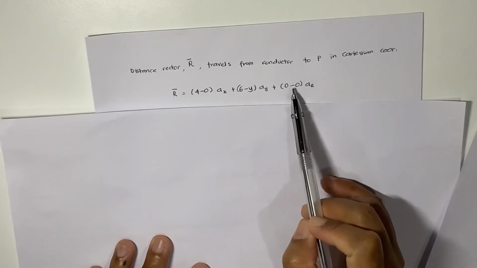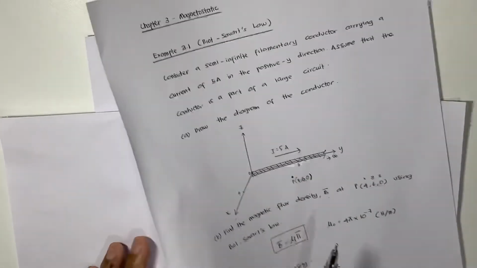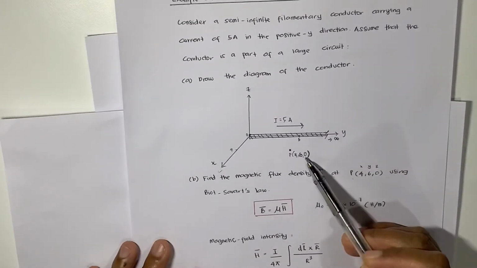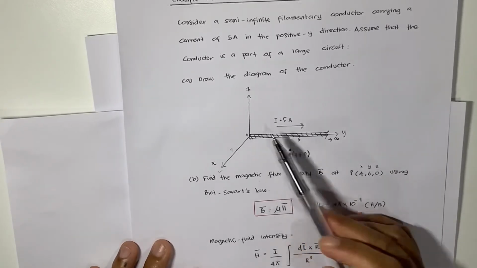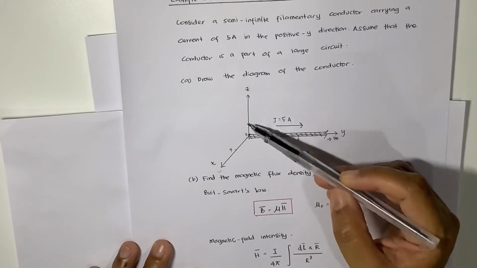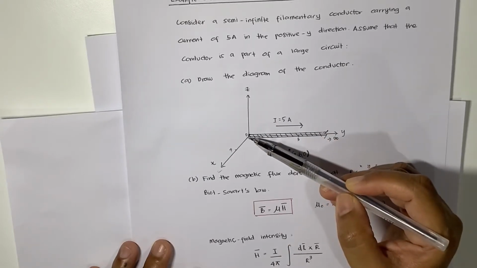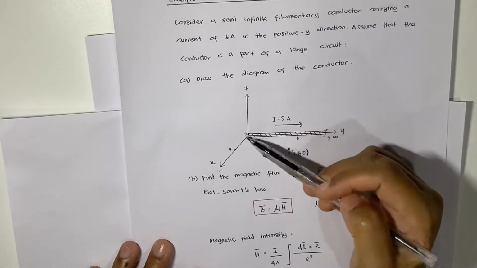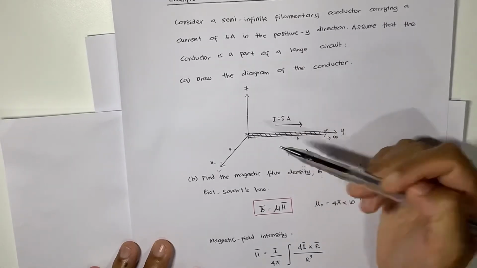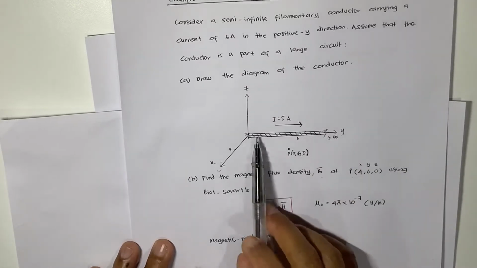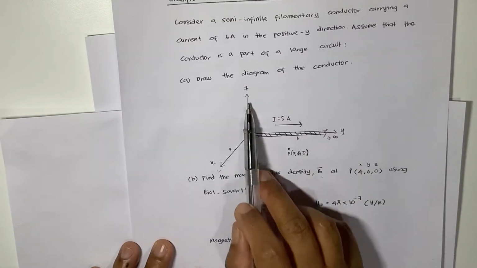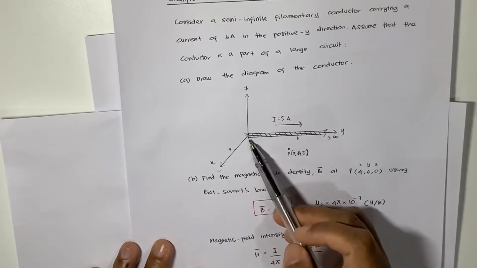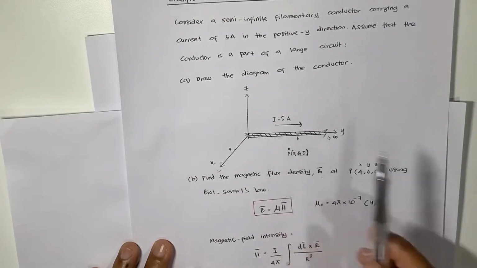And 0 minus 0 because z at point P is 0, and the conductor is located at z-axis 0, the origin here, not on the top or at the bottom.